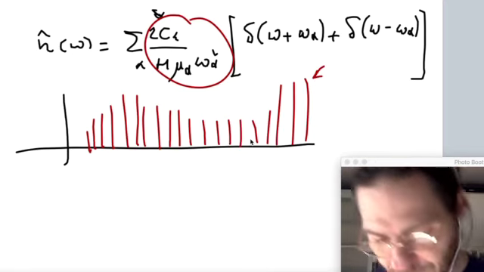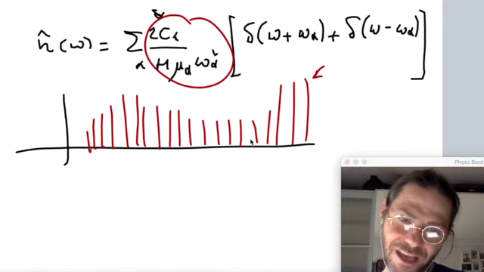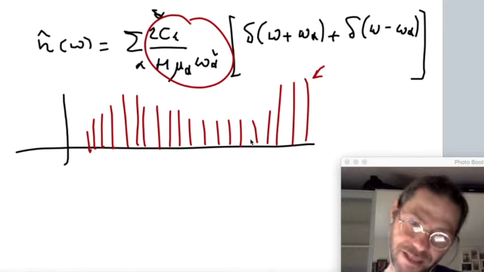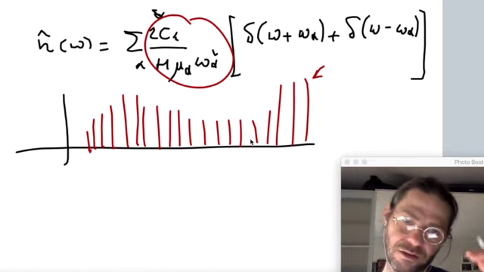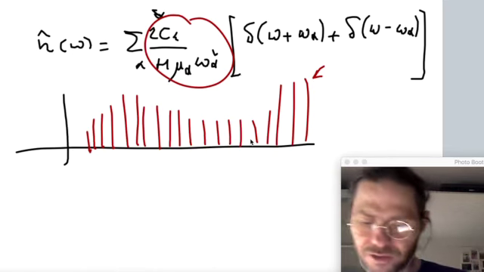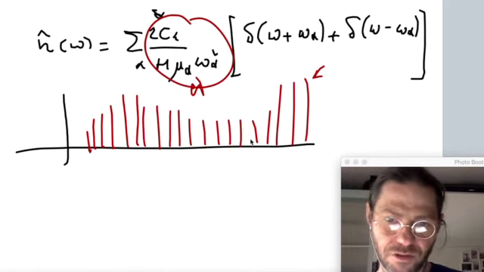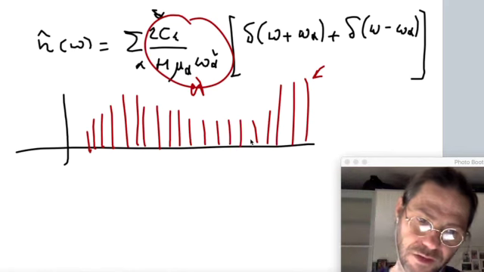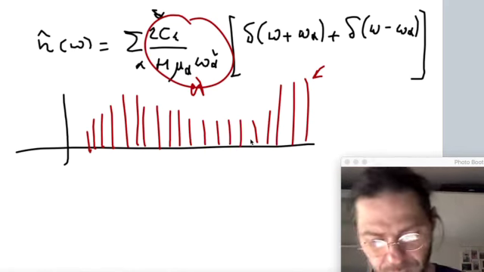Now we know delta functions are not really finite height objects, but when you smear them, then of course they have a finite height, and the relative proportionality of these smeared delta functions is given precisely by this factor here. So this is really the strength of a given mode in the spectral density, the coupling strength.